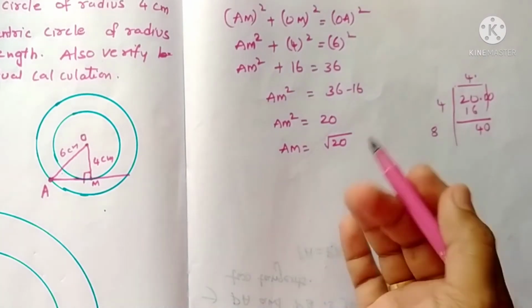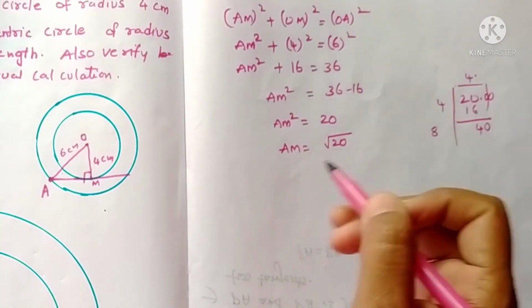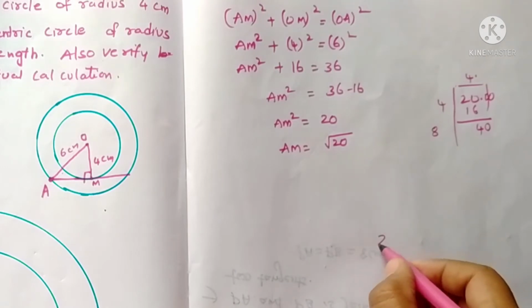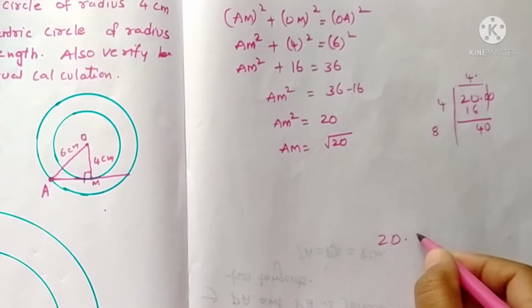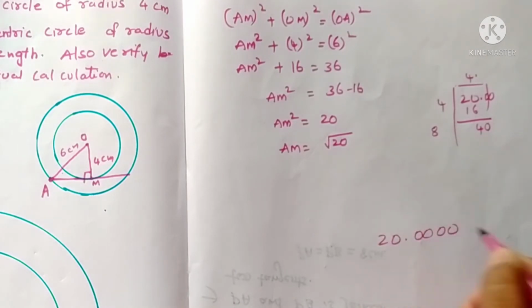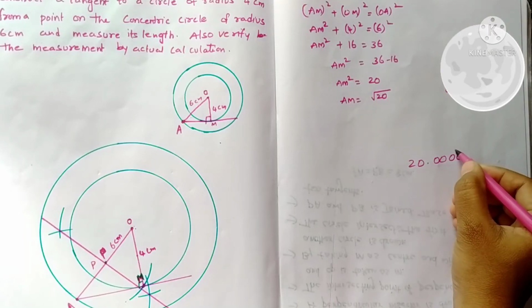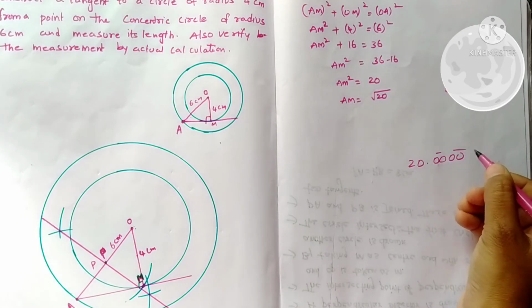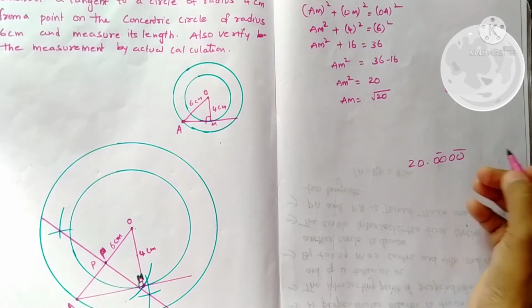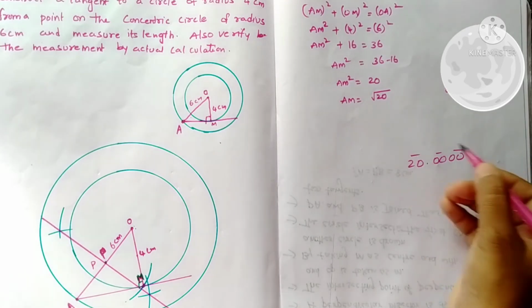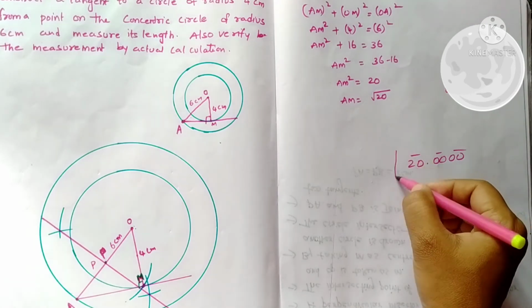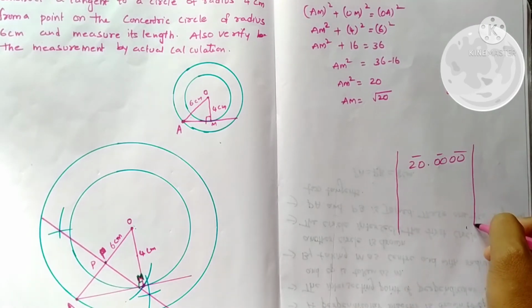How do we find this root 20 value? Take 20 and 0.000. Put a bar on each set of two zeros. That means each time we bring down two numbers.